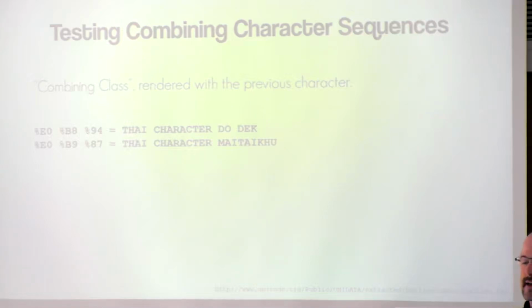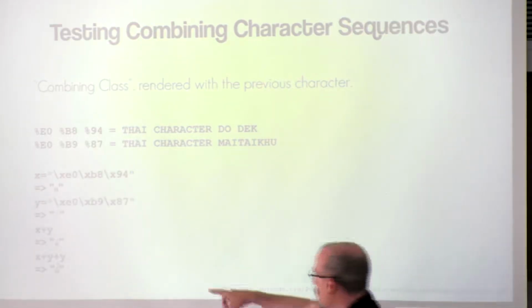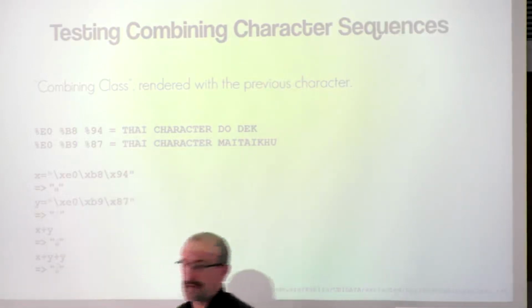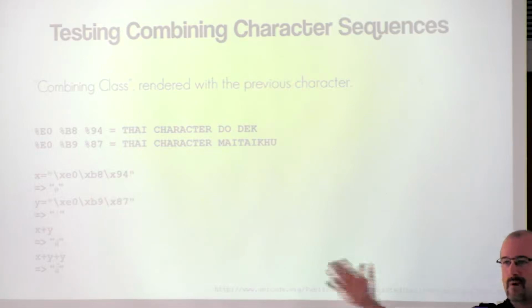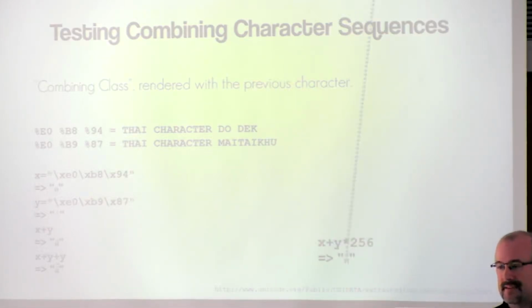If you place after that the Thai character Maitaikhu, E0B987, you can see that it actually stacks one character on top of the next one. So it represents one character, but it uses two. Now, if you were to put a bunch of the Maitaikhus after the Dodek, you would end up with one character that has a long string of garbage, like that. You can see even PowerPoint doesn't like it that much. So x plus y times 256, that's 256 of those little Maitaikhus stuck to the top there.